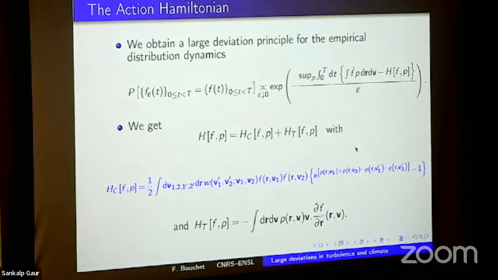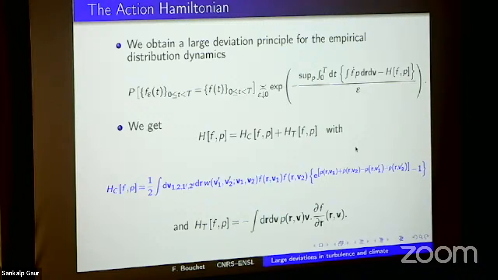And the action Hamiltonian I obtain for the dilute gas will be exactly this one. The probability to see F epsilon equal to F will be given by this action with a Hamiltonian H, where H will be an H that corresponds to the collision plus an H that corresponds to the free transport. And here you can see the formula for the H that corresponds to the collision.